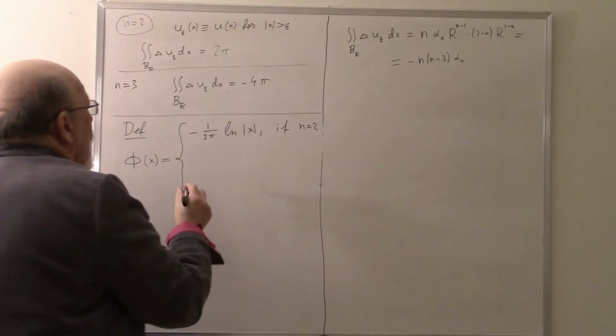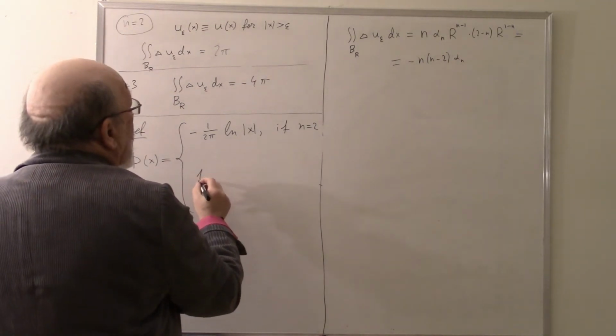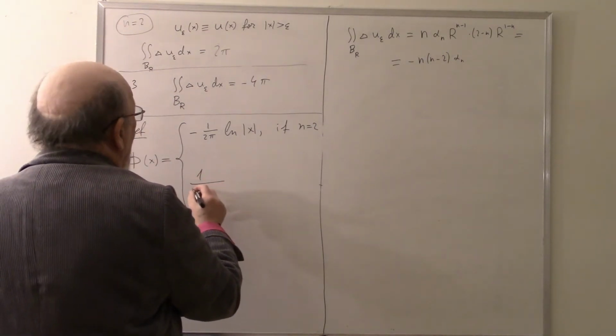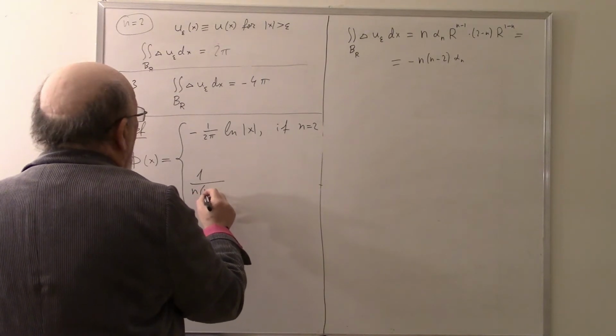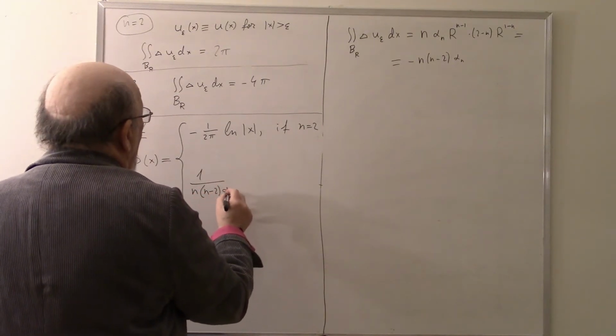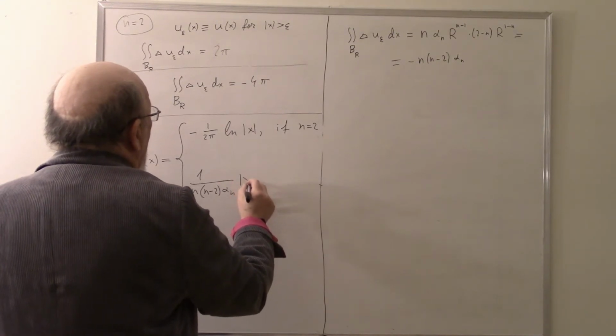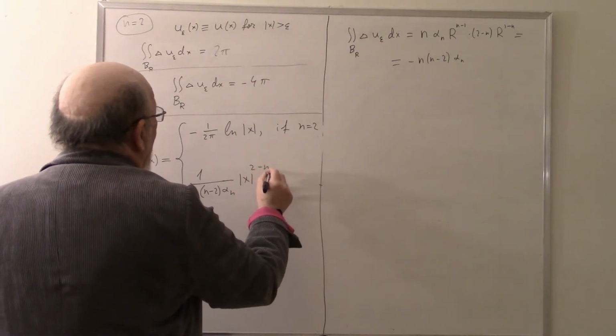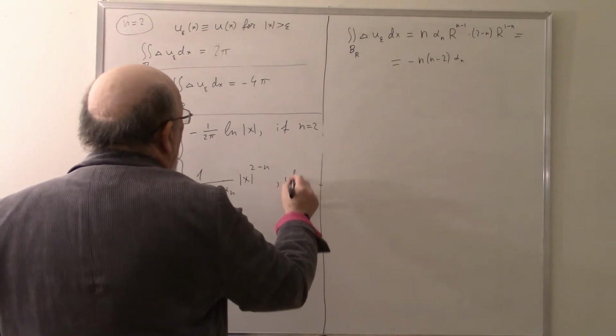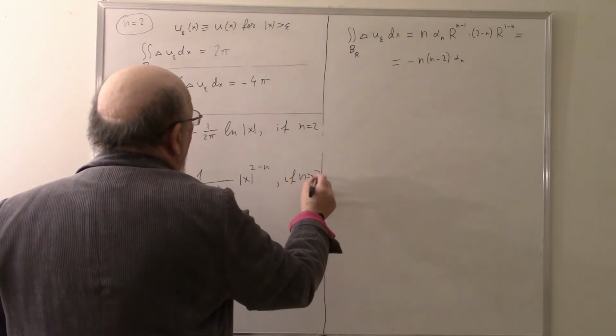And 1 over n minus 2 alpha n module x 2 minus n if n more or equal than 3.